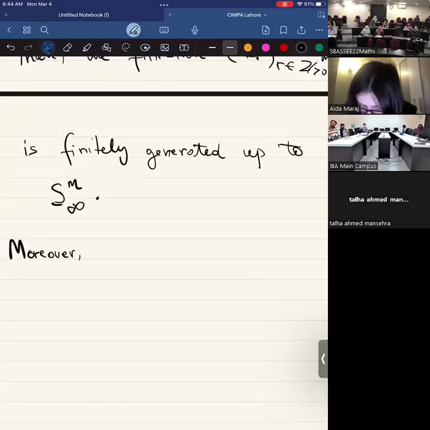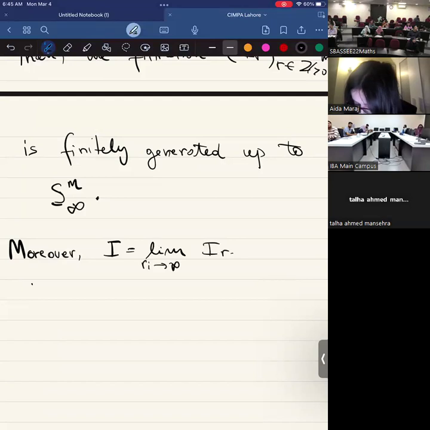We have that the ideal I is the limit, when all these Ri's go to infinity, of the ideal I of R, which is the ideal with all entries 2, 2, 2.